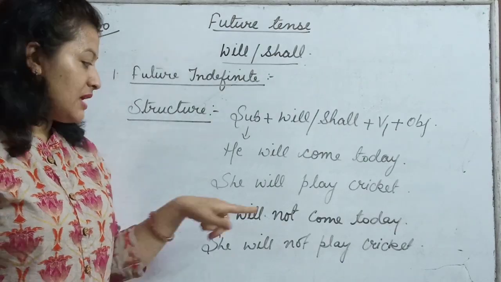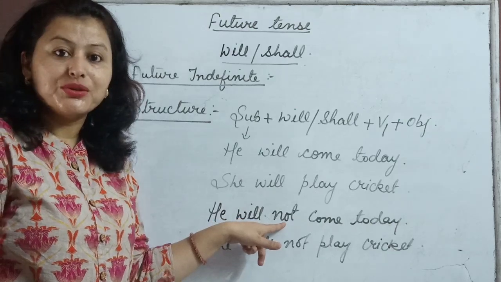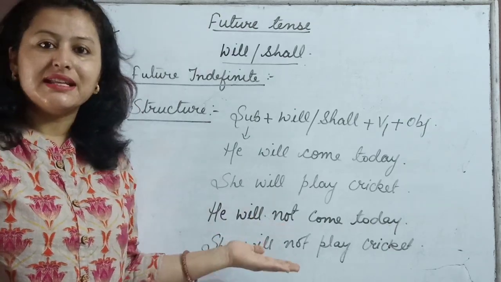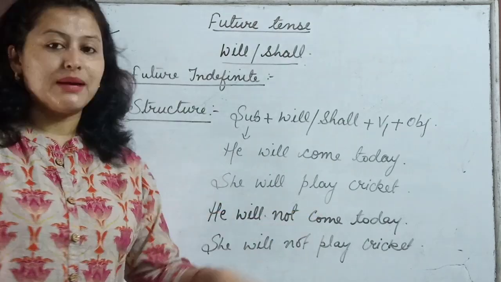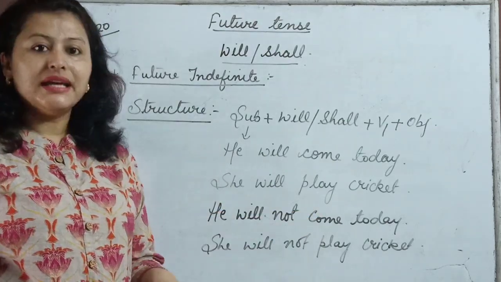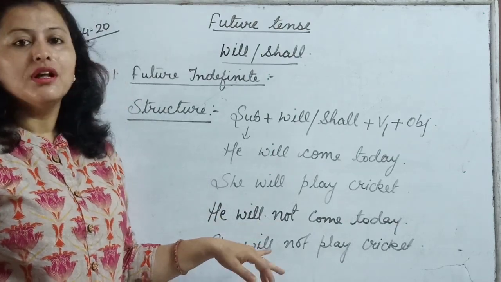What we have done? After the helping verb, we have added not into it and our sentence has become negative. So he will not come today and she will not play cricket. These are the examples of negative simple future.